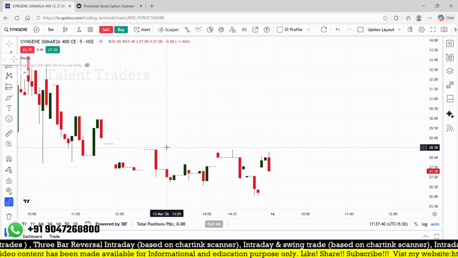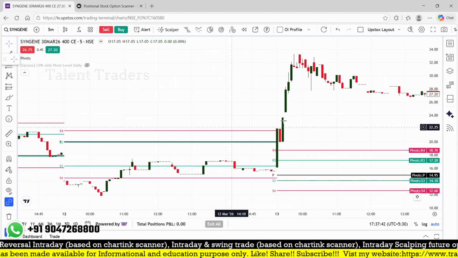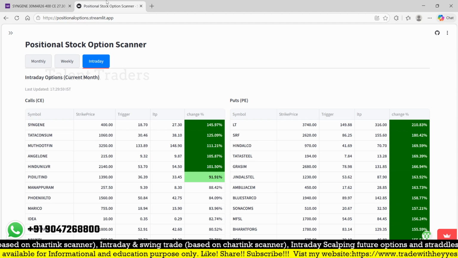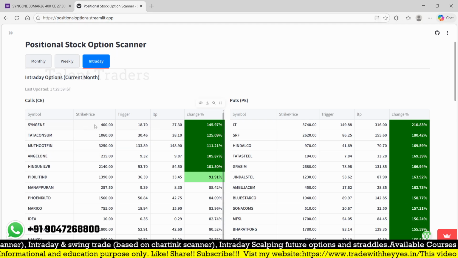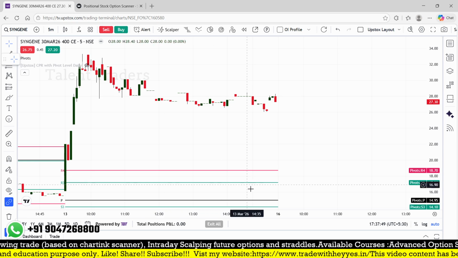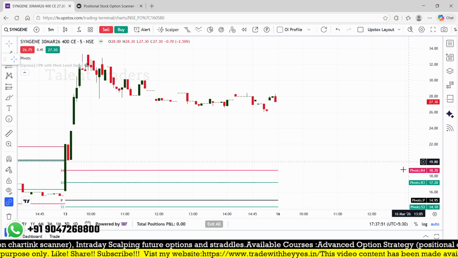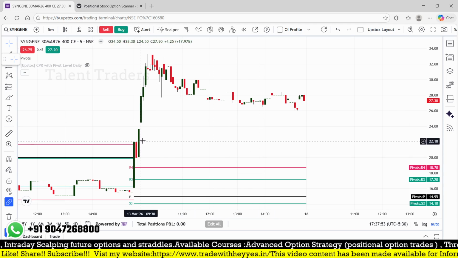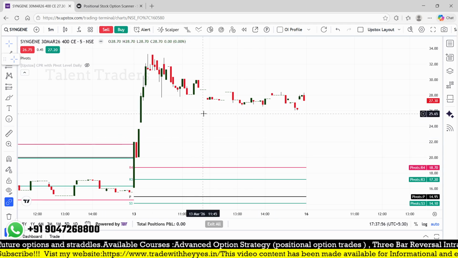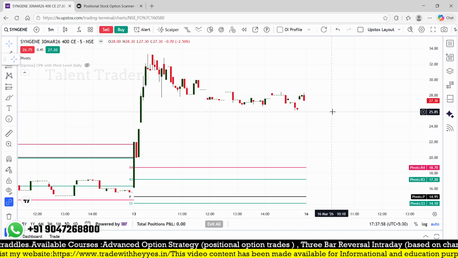Syngene, what time did it start trading? It was 27.3. Yes, that same 400 call option, 18.7 is the trigger. So exactly 18.7 is the trigger here. Maybe we run the scanner at that time.